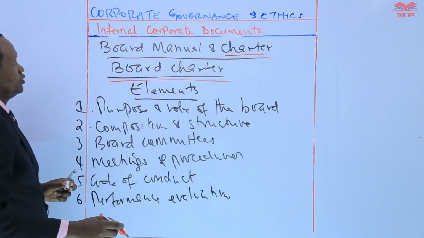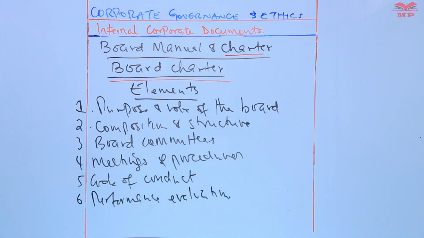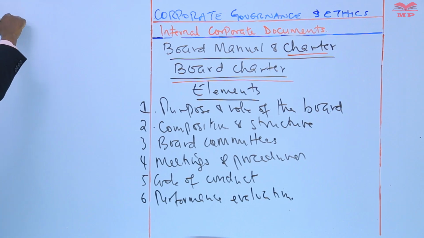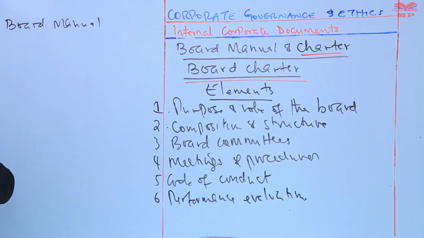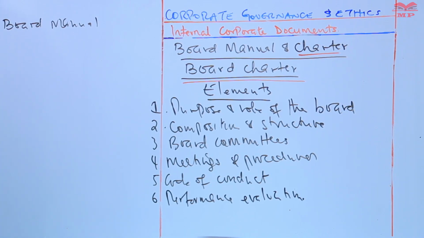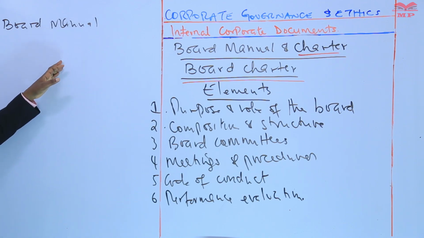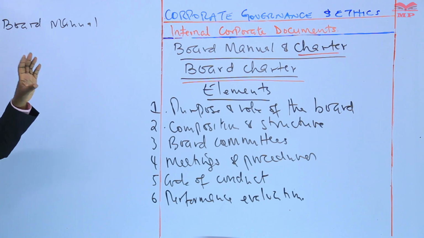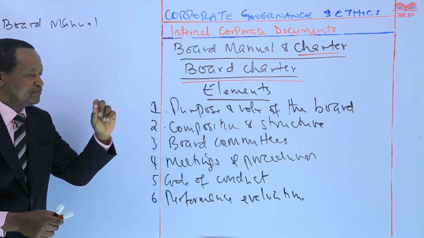Let us move on to the board manual. What is a board manual? Now, a board manual is a more detailed document that expands on the principles outlined in the board charter.